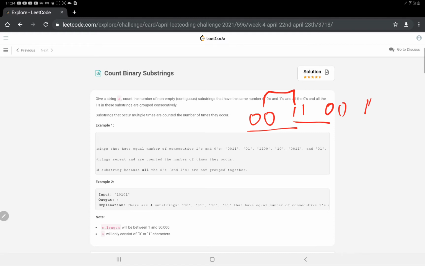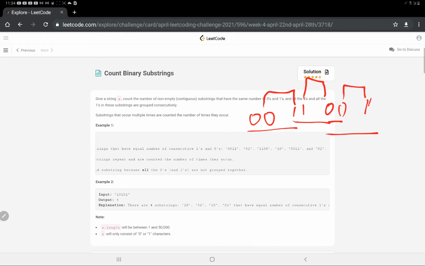Then this one, 1 1 0 0, then again this one. Then 0 0 1 1 and the last 0 1. I hope it's clear how the number 6 has occurred, and that this example is clear.